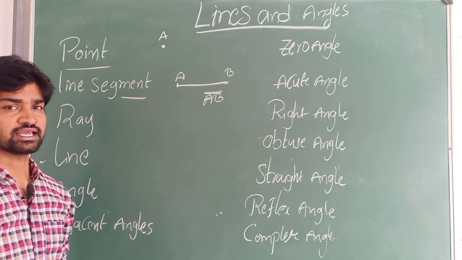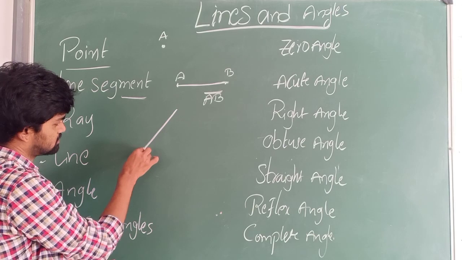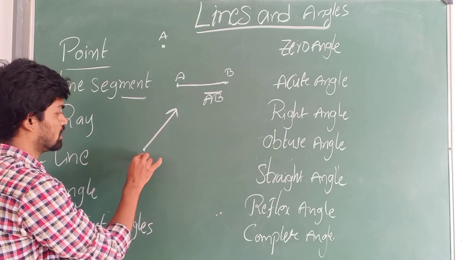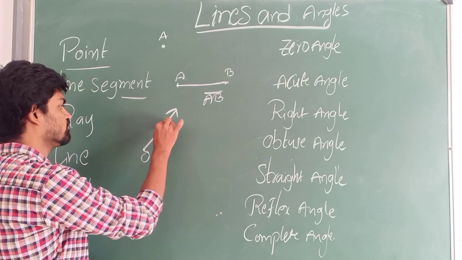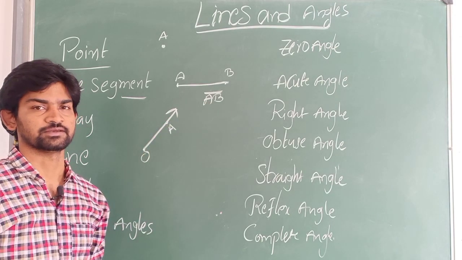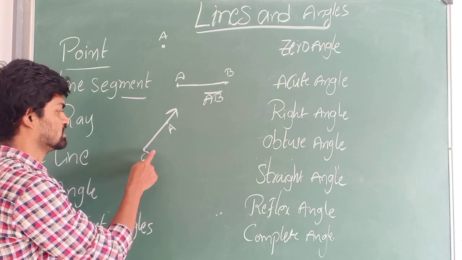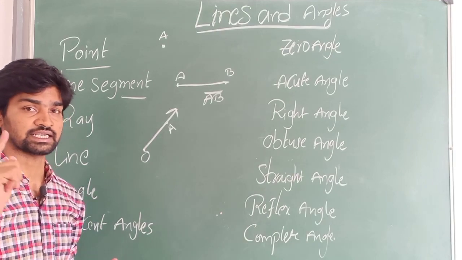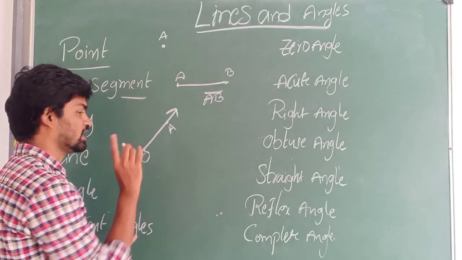Ray. What is a ray? A ray is a line segment which starts at one point and moves in one direction endlessly. See, OA started here and it is moving in one direction only. The ray moves in one direction endlessly. It has one end point.